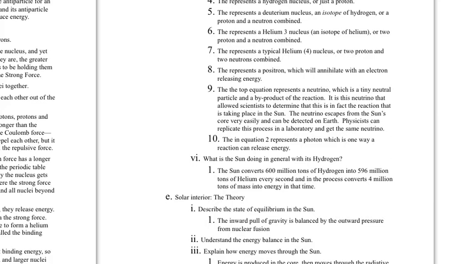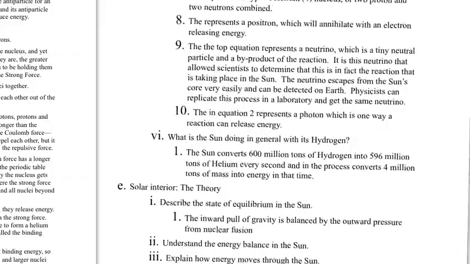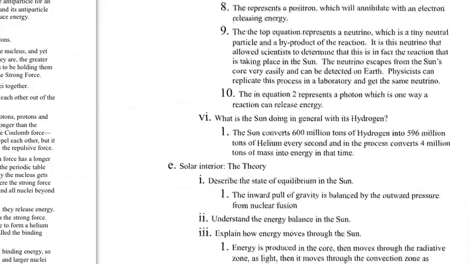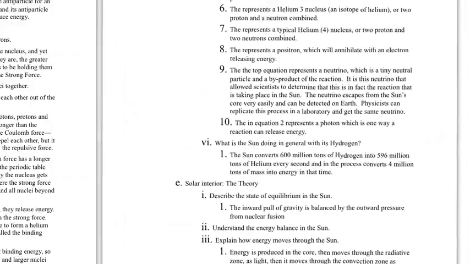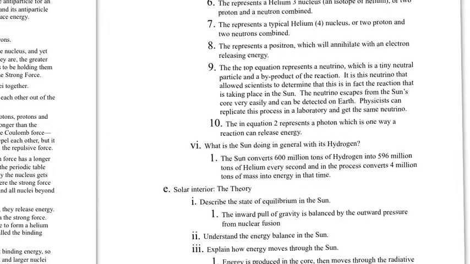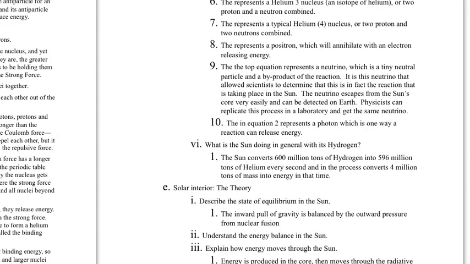So in general, what the sun is doing down here is converting, every second, 600 million tons of hydrogen into 596 million tons of helium.